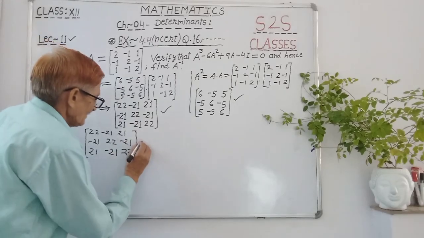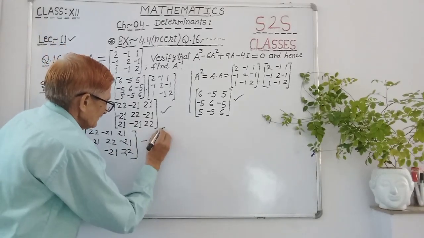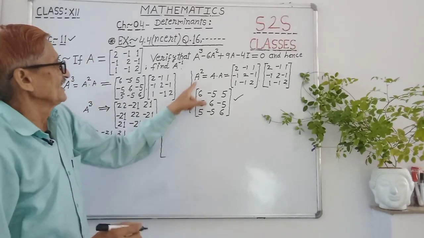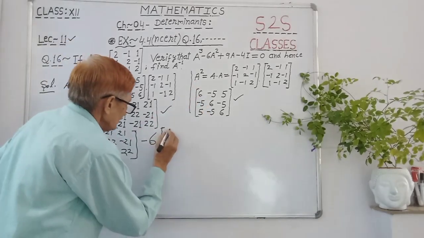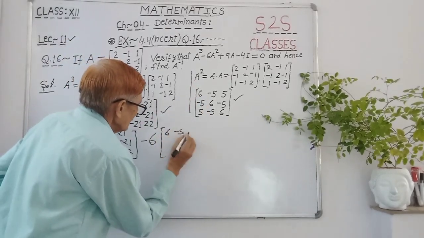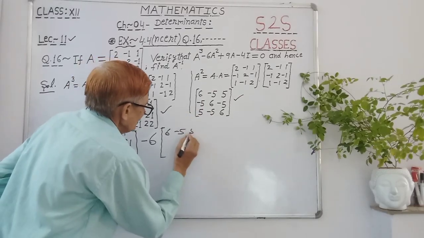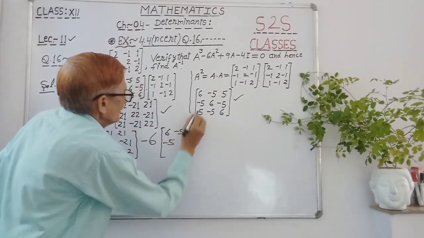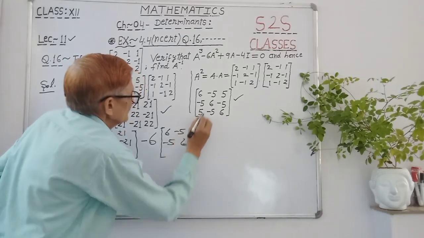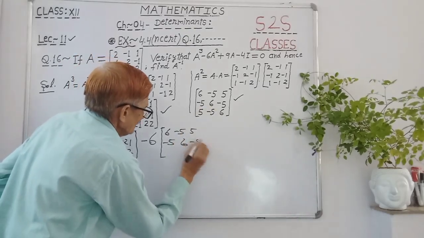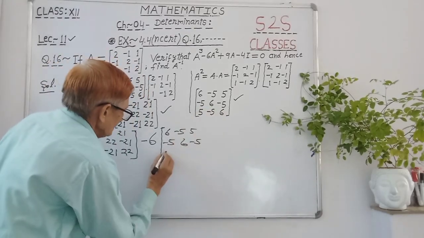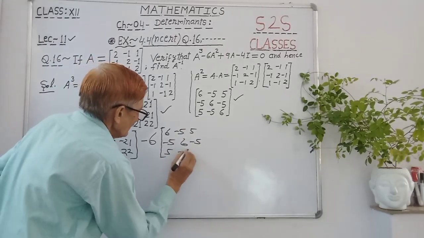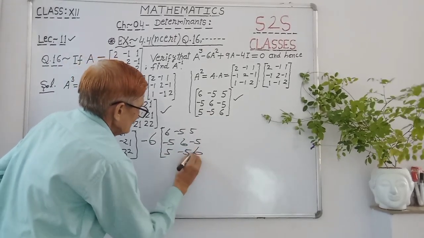Minus 6A square, minus 6 into A square. A square is 6 minus 5, 6, minus 5 plus 5, minus 5, 6, minus 5, then 5, then minus 5, then 6.